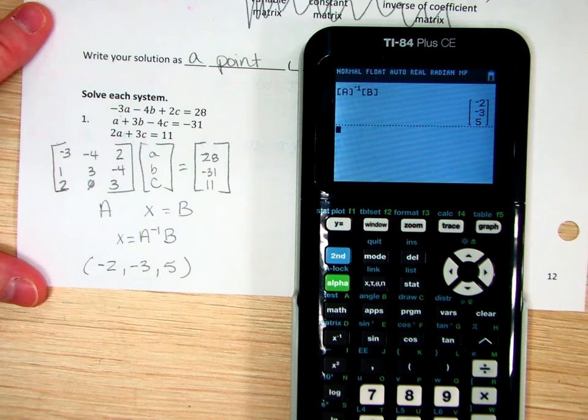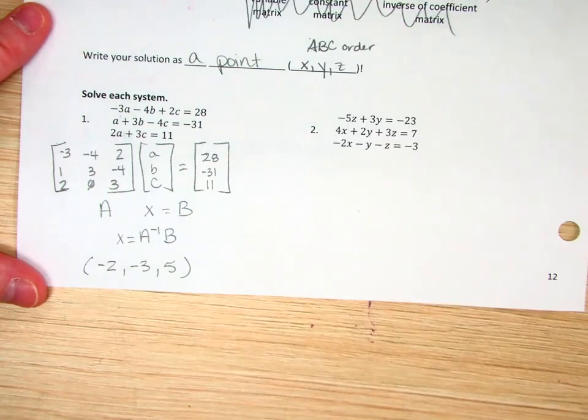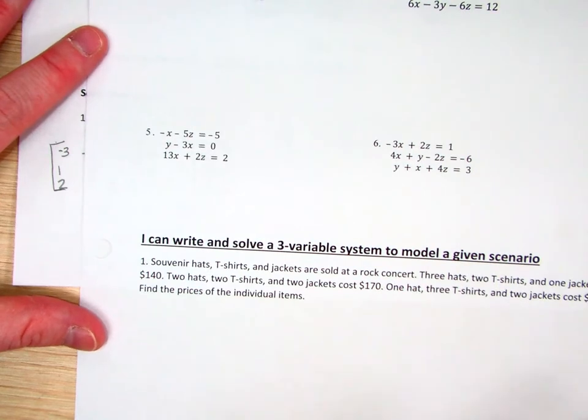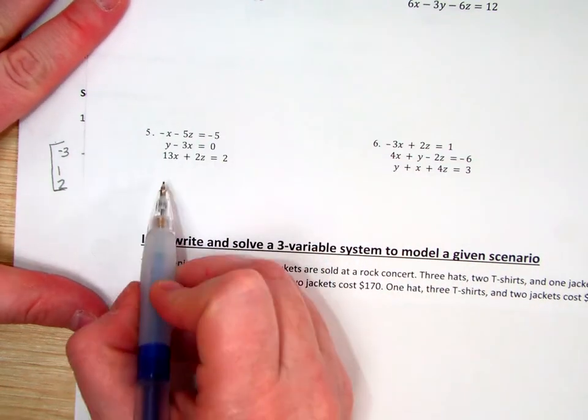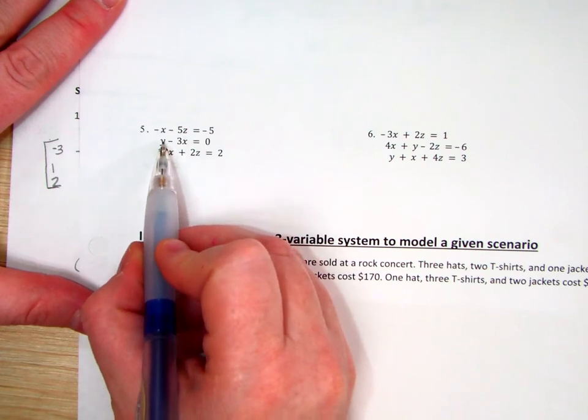That's number 1. The next one I'm going to do is number 5, which I did cover yesterday in class, but I also want to make sure that we understand how to do the holes, and then I'll do number 6. So the first thing you got to ask yourself is are things written in the correct order: x, y, z. Y, x, x, z.